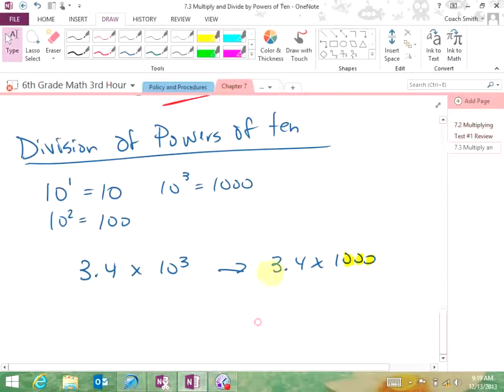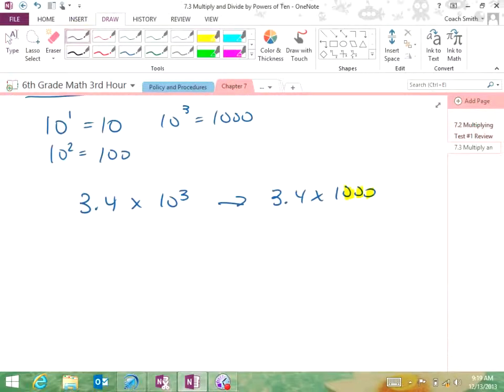Now division. Division problems, for example, 51.16 divided by 10 to the first power. Well, 10 to the first power is 10. So we have one exponent.